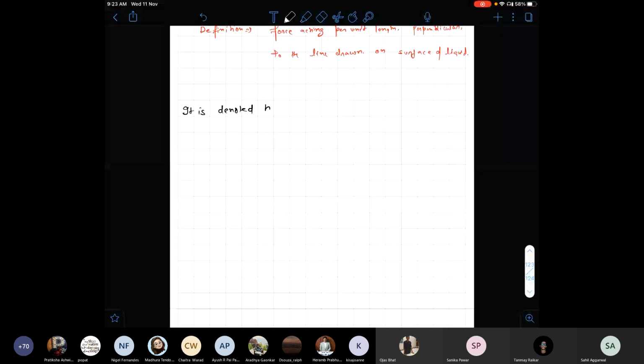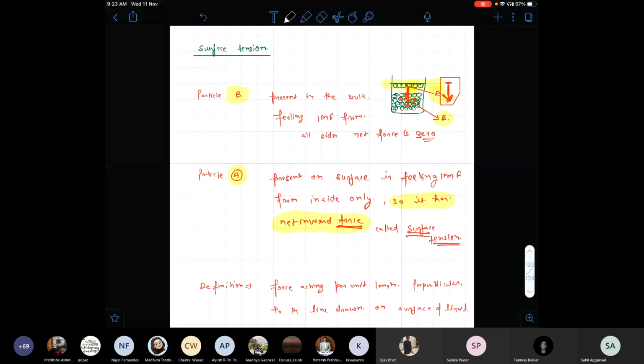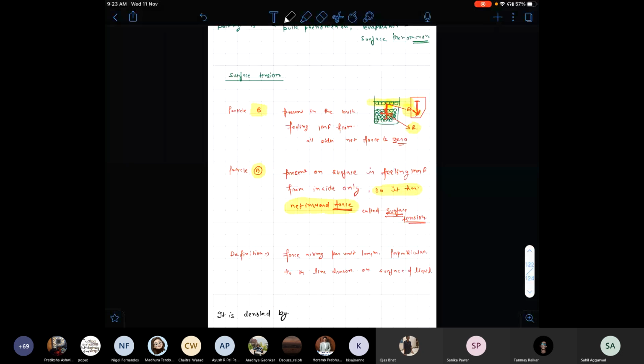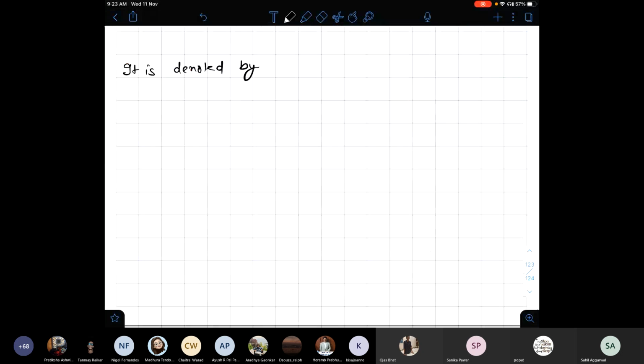Done. So you scroll up. Yeah, it's not visible. So now it so done. Oh. It is denoted by gamma.